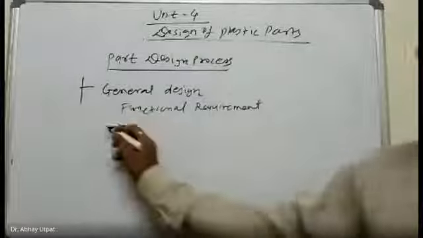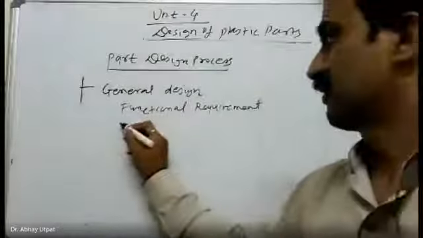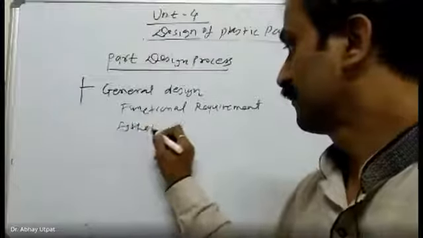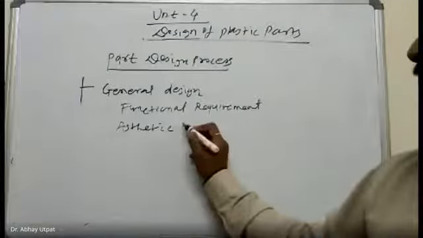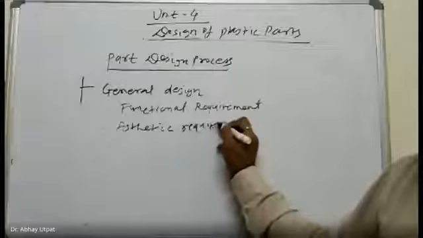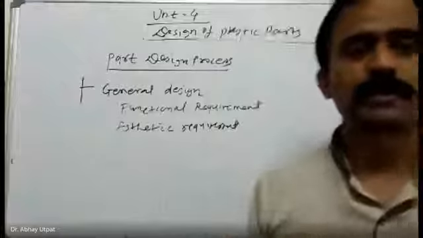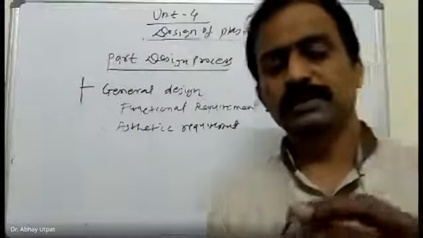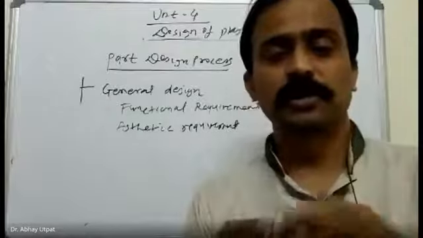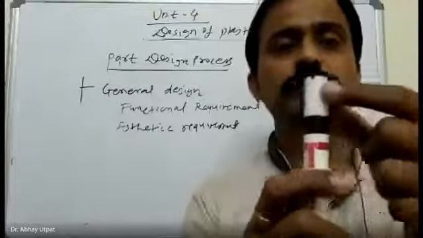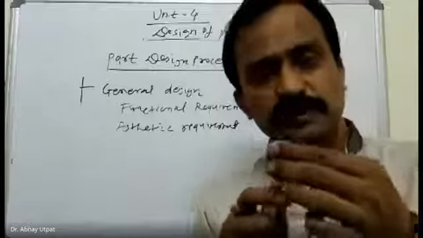Then the second important thing we consider in any design is aesthetics. Aesthetic need means what? This has nowadays become the first priority. See how aesthetically this pen is designed. Even this cap, how beautiful a shape it has. Some grooves are made on it, and these grooves are provided just for proper holding, so it is not slipping from my fingers.